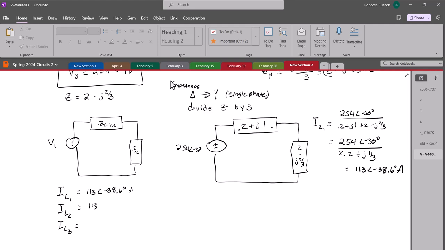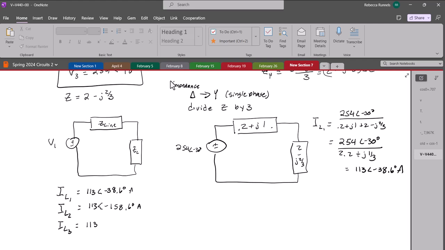So line 2, it's balanced, it'll have the same magnitude, but it will have 120 degrees less, which would be negative 158.6 degrees.